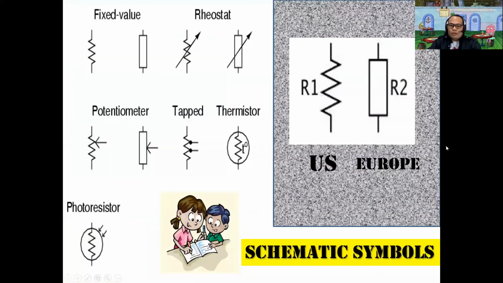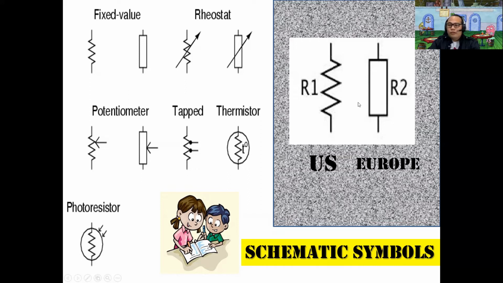Okay, so what I'm presenting here are the schematic symbols for resistors. I presented the symbol for the resistor earlier, but this one, which is more like an elongated rectangle, is also a symbol for a resistor.